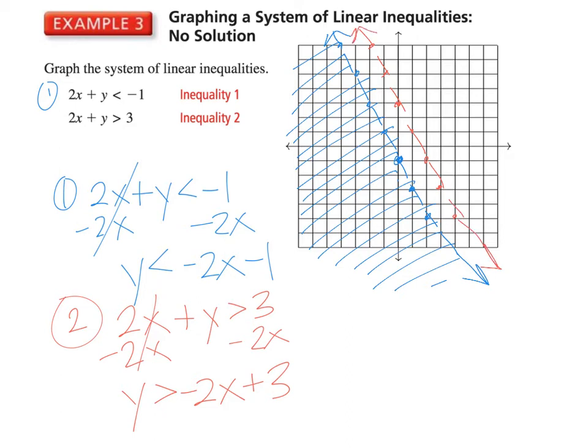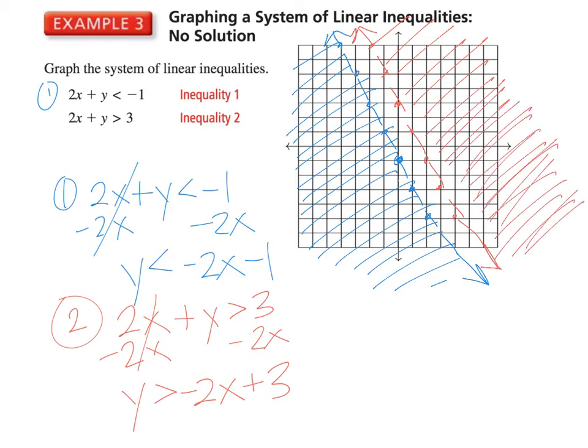And it's greater than, so I'm shading above the graph. Just imagine it's a hill, and the sky is above, the ground is below. Then shade in where the shaded regions overlap. They don't overlap. So since they don't overlap, your answer is there's no solution.